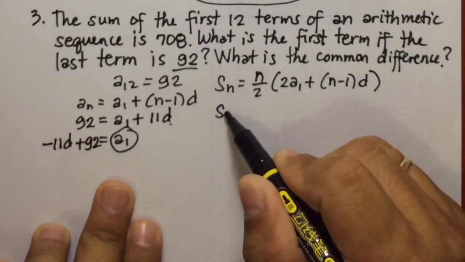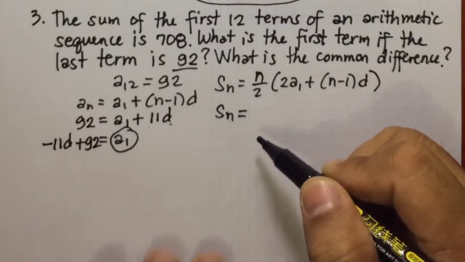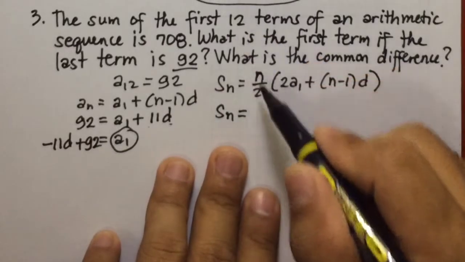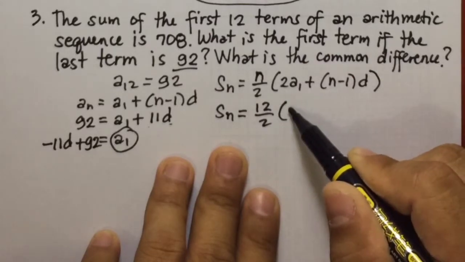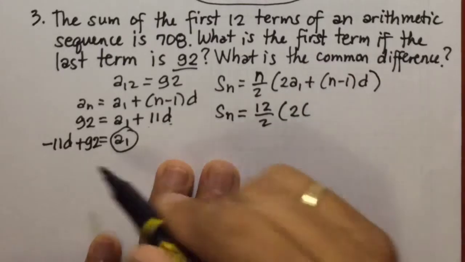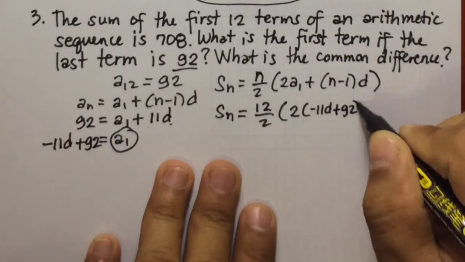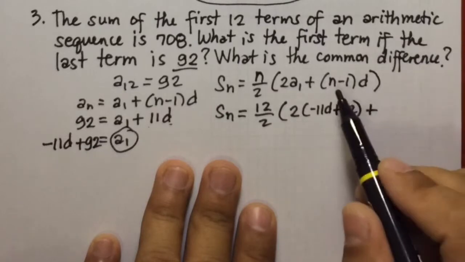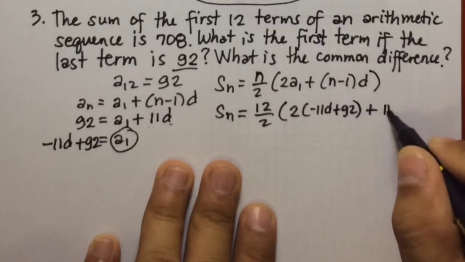So we're going to have S sub n equals, there are 12 terms, 12 divided by 2 times 2 times a sub 1, which is negative 11d plus 92, then plus, there are 12 terms, 11 minus 1 times d, that will be 11d.